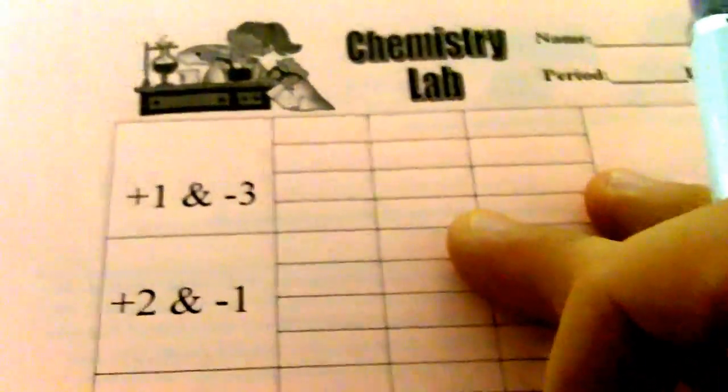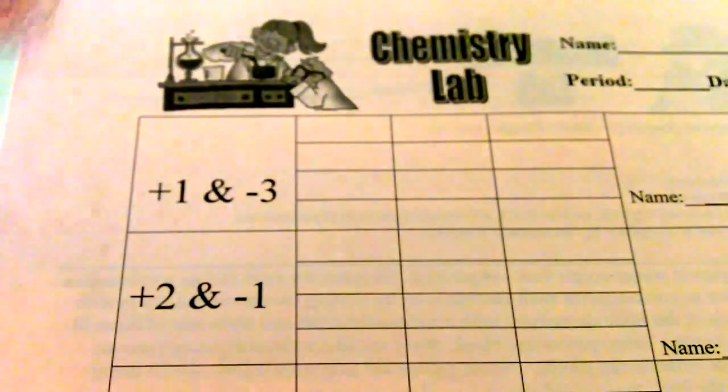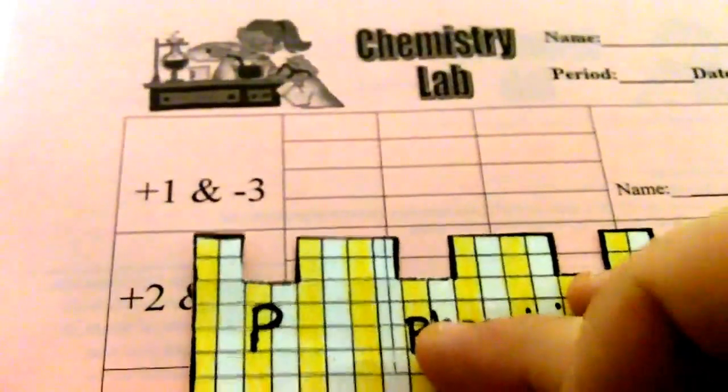Flipping the page over, we'll notice that our next charge combination is +1 -3. So the +1 -3 combination, we can use phosphide. That's our -3 combination.